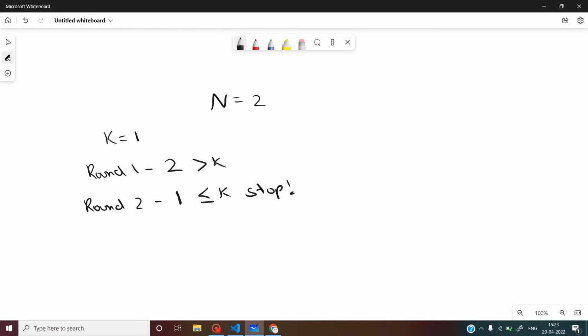Now we can see here that the remaining number of players in the last round is equal to 1. So we can take this value of k in our answer. So our answer equals 1. Now let us suppose we choose k equal to 2.